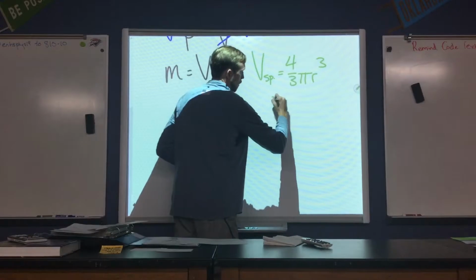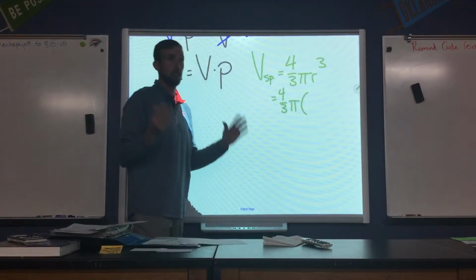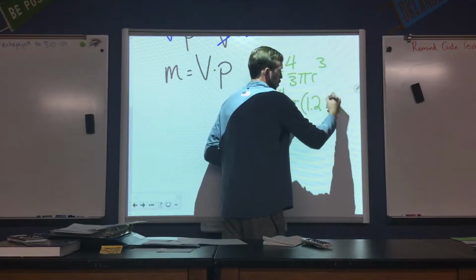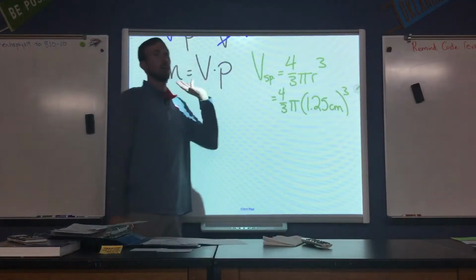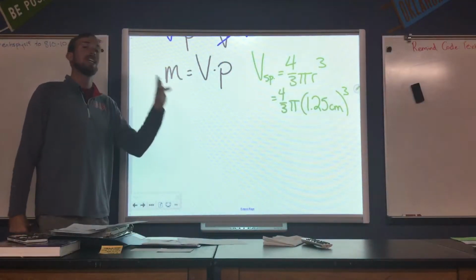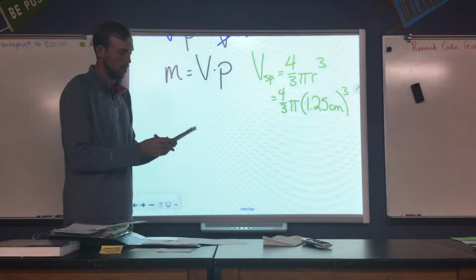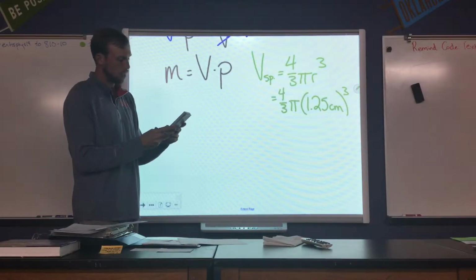So we'll plug in the things that we know. Well, really, the only thing we need to plug in here is radius, which is half of our diameter. So 2.5 over 2 is 1.25 centimeters cubed. Remember, our equation does not have diameter in it, it has radius. Okay, so now we'll plug these values in. Volume is 4/3 pi times our radius, 1.25 centimeters cubed.